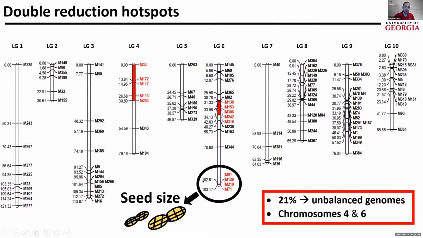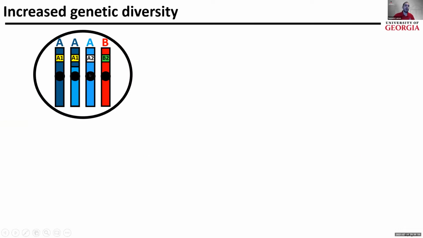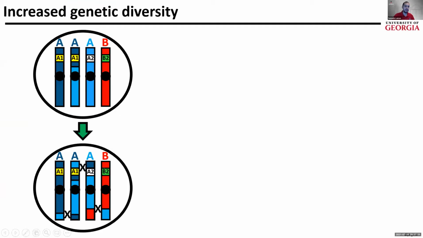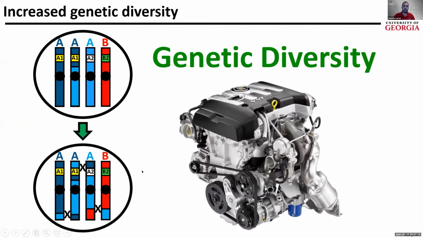What is really cool is that at the bottom of chromosome 6, there is a region responsible for seed size in peanut. When these cell outcomes of double reduction go through further meiosis, we will have more and more recombination and unbalanced composition. So double reduction is acting as a genetic diversity enzyme for the peanut crop.